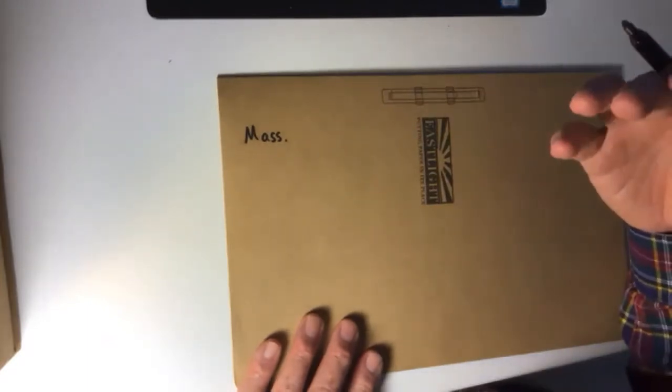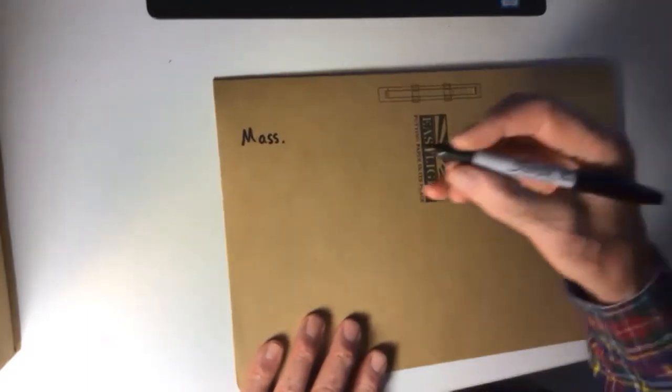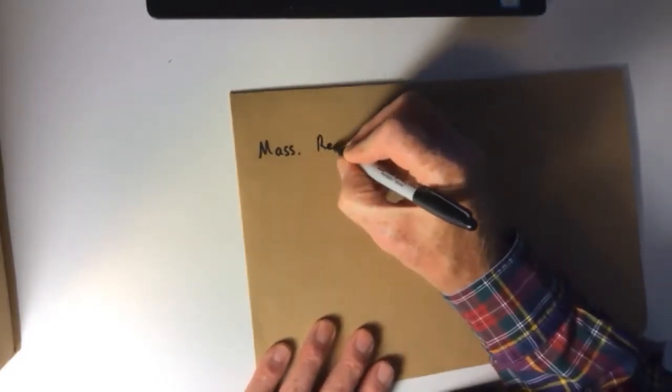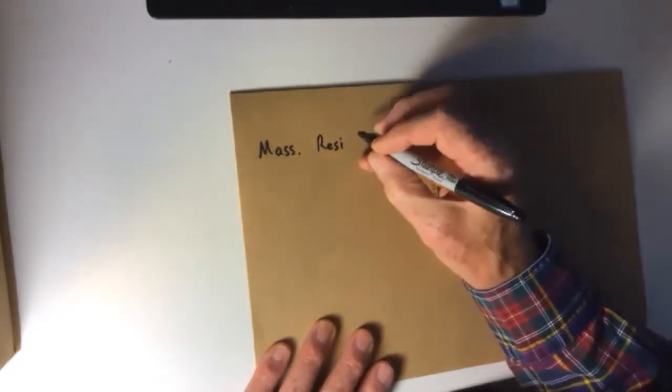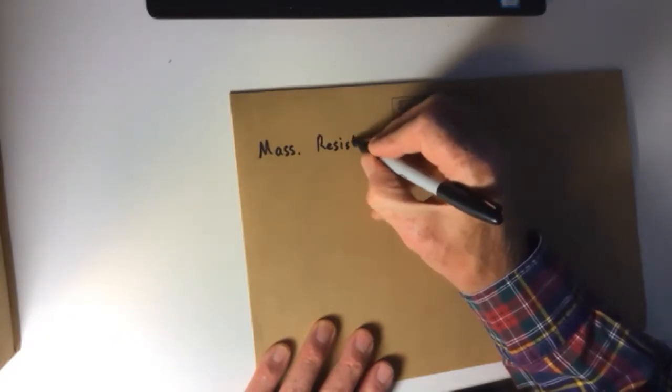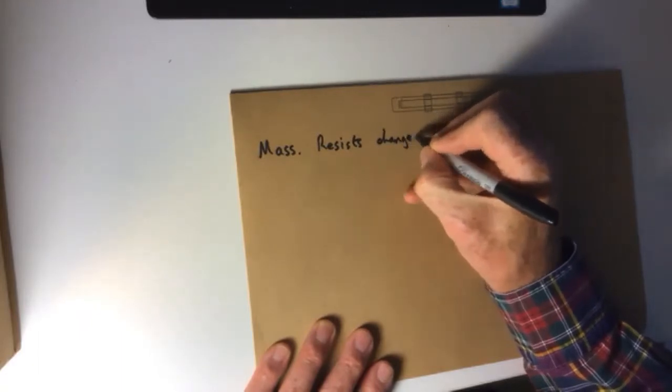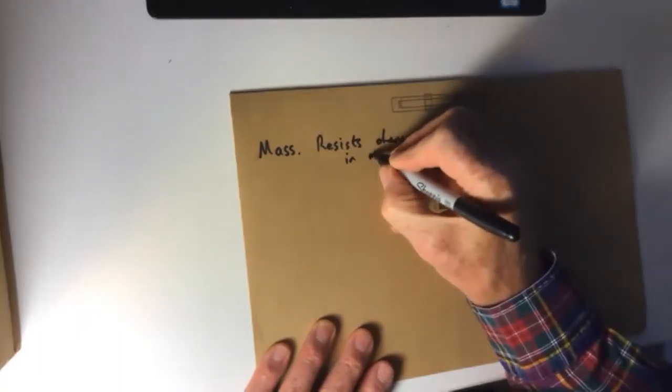Another word for mass is inertia. So if something's got mass, it resists a change in motion.